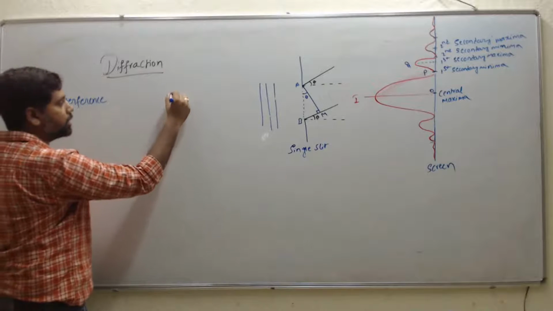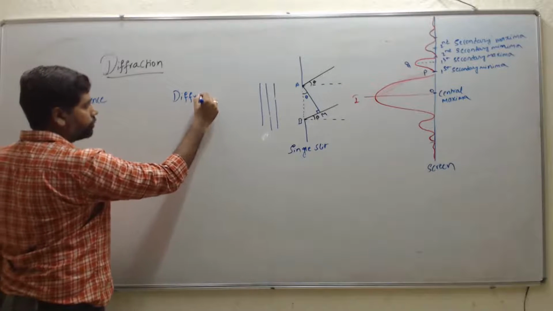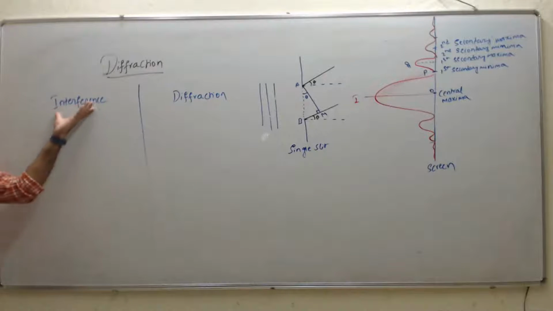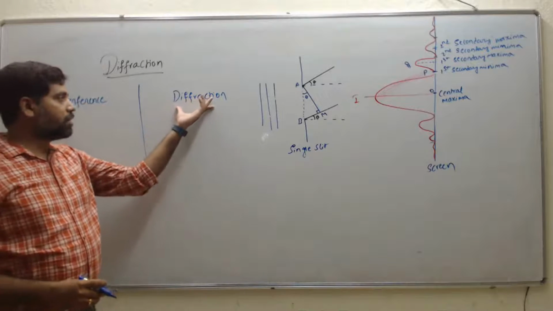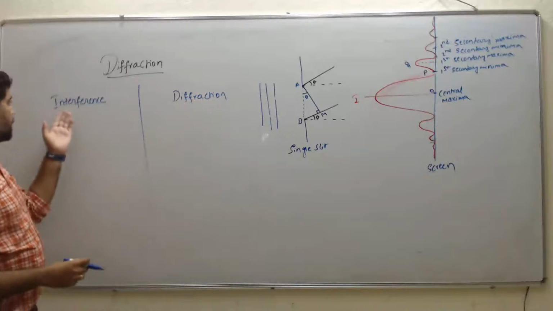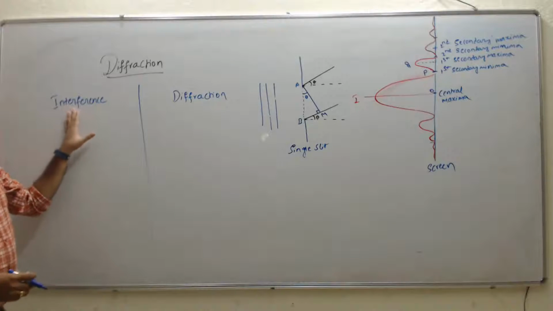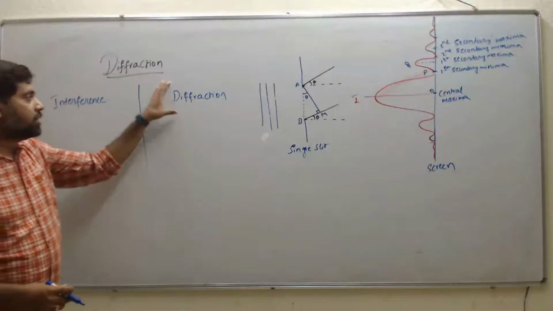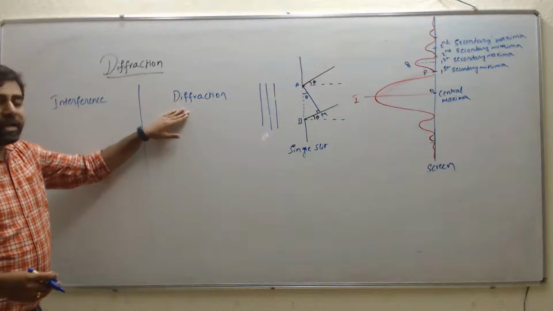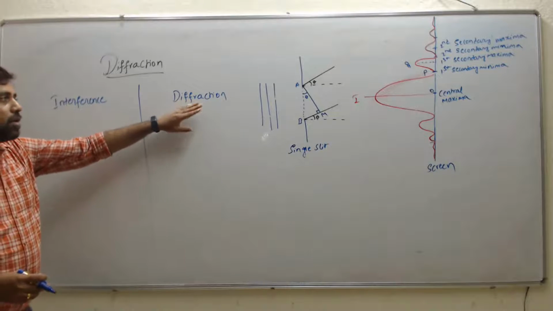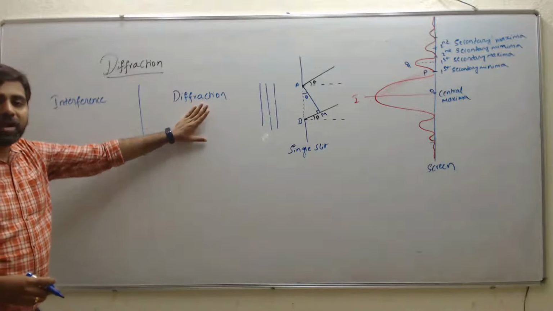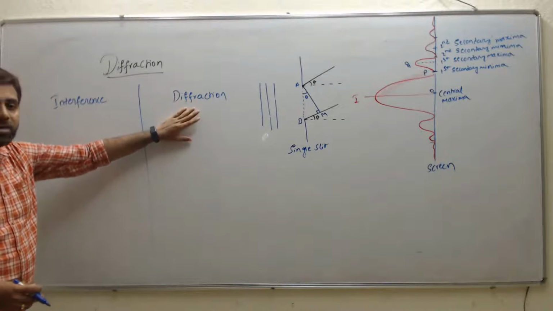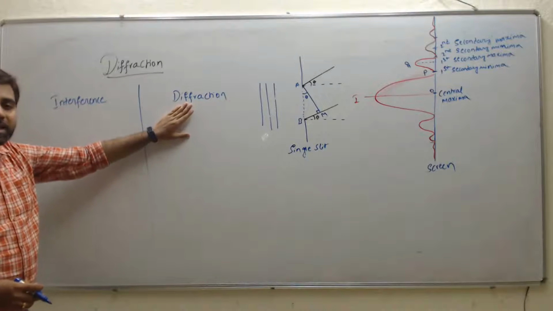So the first point is we have to write the definition of interference and the definition of diffraction. In interference, the redistribution of light when two light waves are superimposed, then we get the interference. In diffraction, that is the bending of light around the obstacles or around the edges or corners of an obstacle, and the light entering the shadow region, that is the phenomenon we call diffraction.